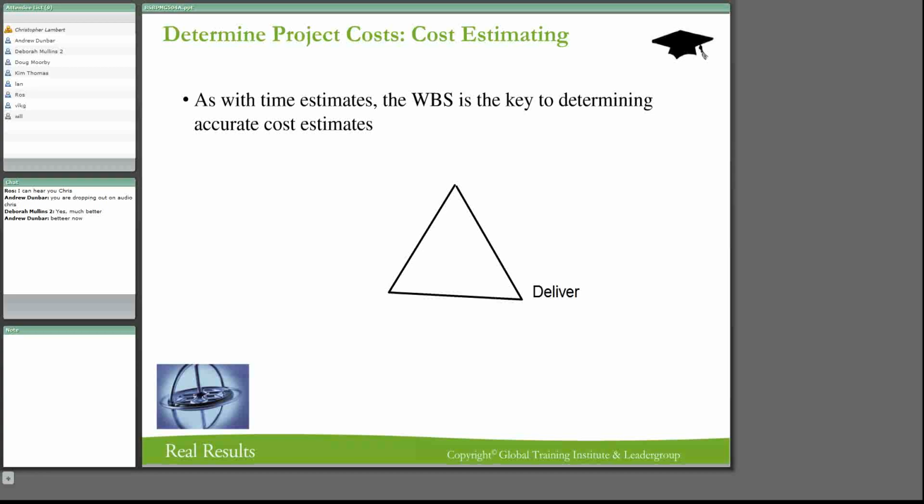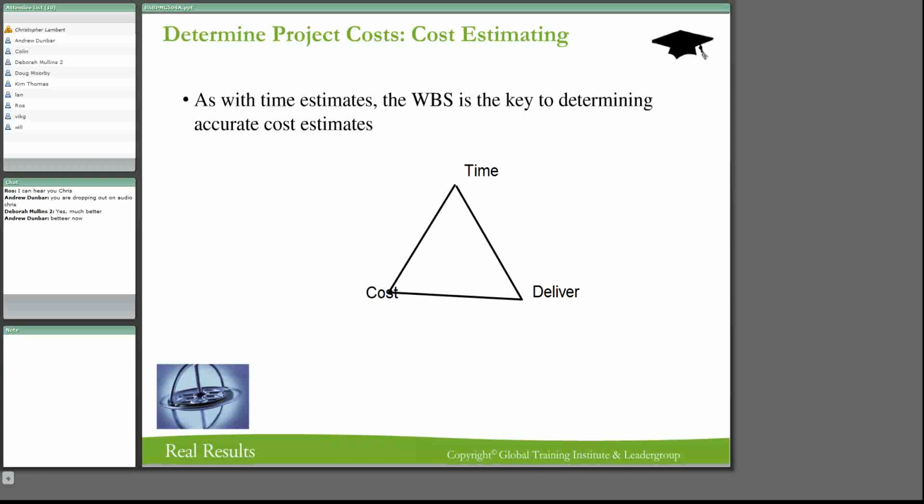If we're going to deliver something, then the two things that a project manager's got to look at are the time and the cost. Two very, very important things.